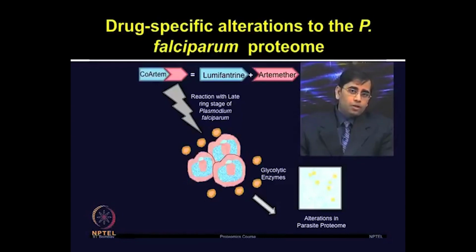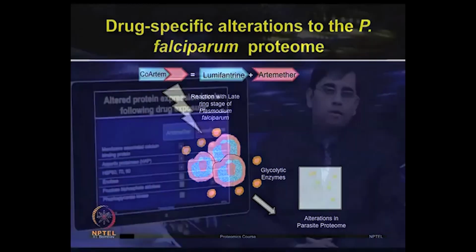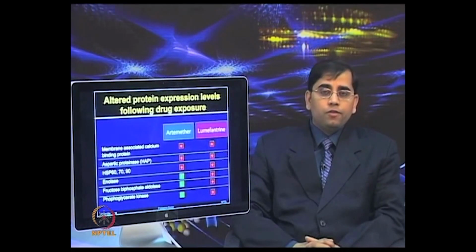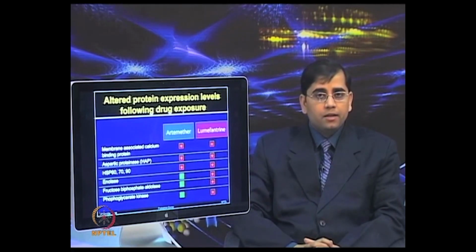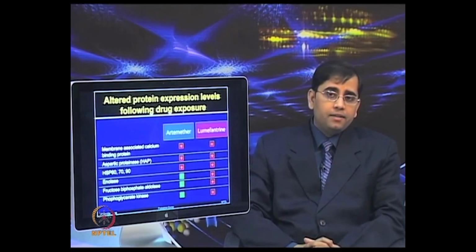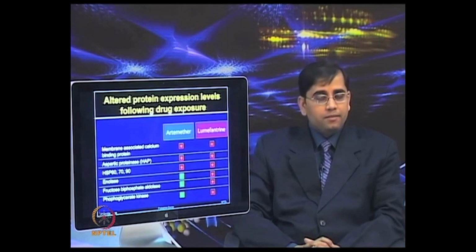Those protein spots which were differentially expressed and statistically significant were further subjected to mass spectrometry based analysis. The comparative analysis of 2D gels from untreated and drug treated parasite protein fractions provided direct and distinct alterations in the parasite proteome following artemether or lumefantrine.